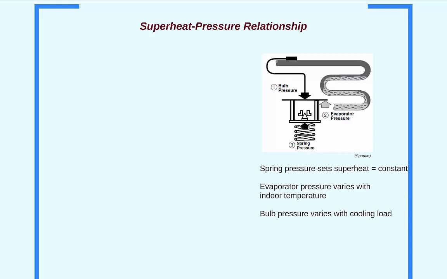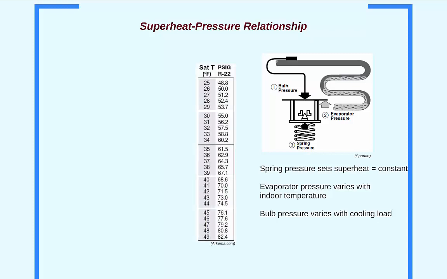Shown here is the relationship between pressure and saturation temperature for R22. HVAC technicians are well versed in these tables, as they use them to charge refrigerant and troubleshoot problems. This pressure-temperature relationship is what allows the thermostatic expansion valve to use pressure inputs to control superheat temperature.